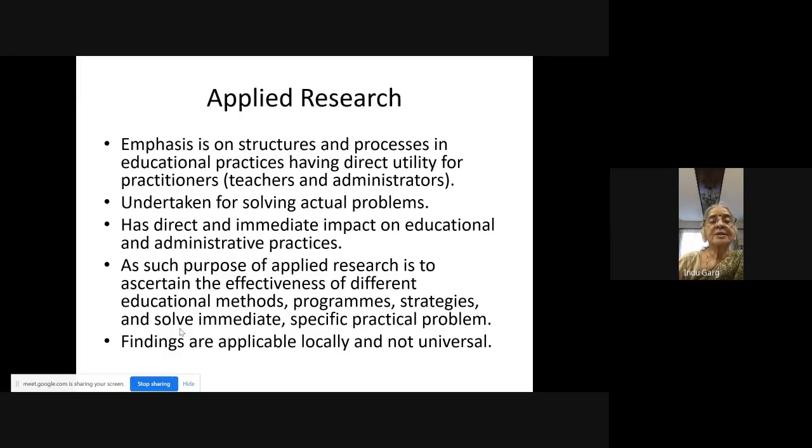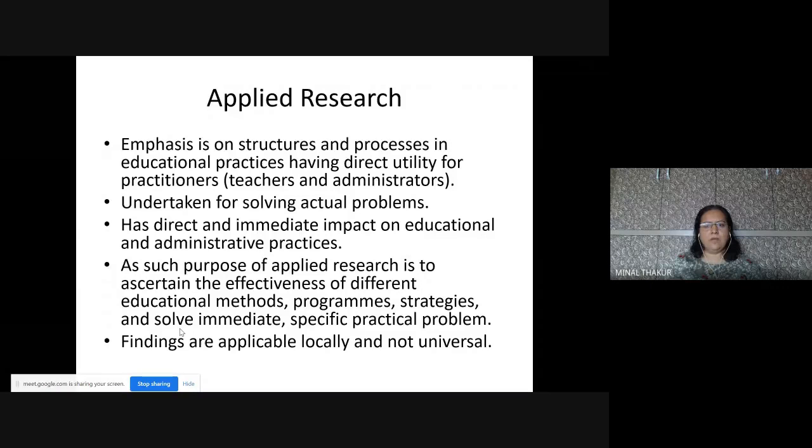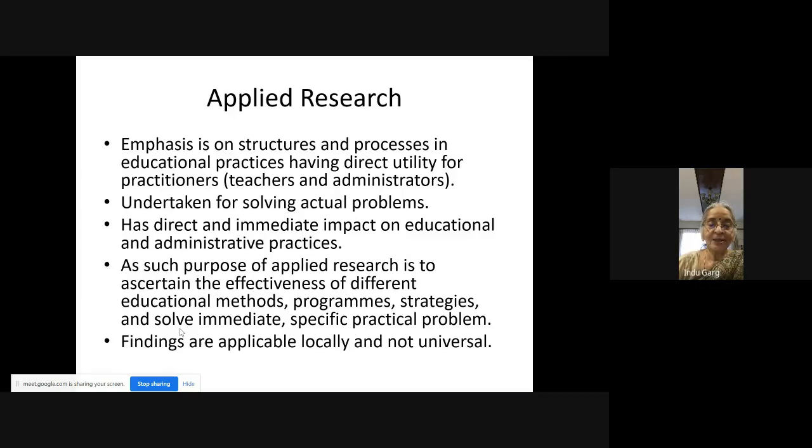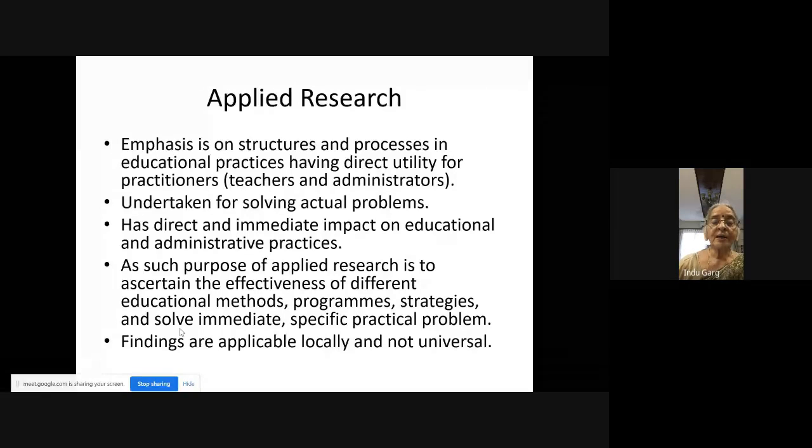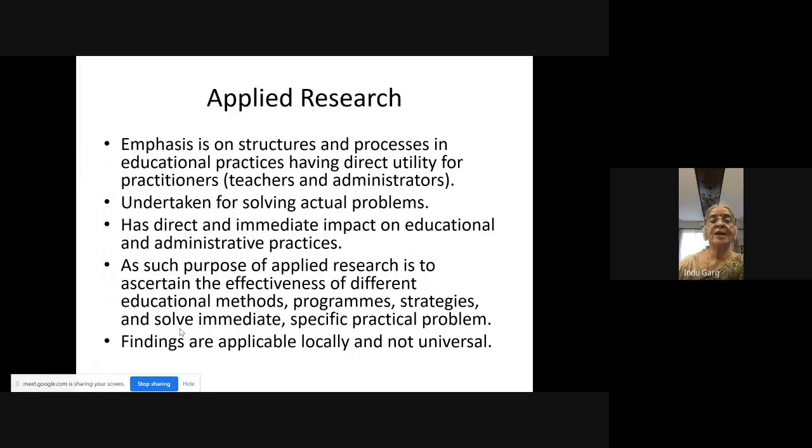Okay, of course, emphasis is there on structures, on processes of educational practices, but only if it has direct utility for you. Then only can you apply something. So just listening to lectures or to theoretical explanations or what others have done, no, it may not help. Whatever you know, now you have to apply. Okay. So this will have a direct impact on your educational practice, on your teaching in the classroom.